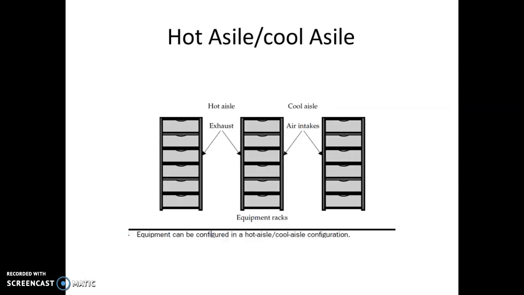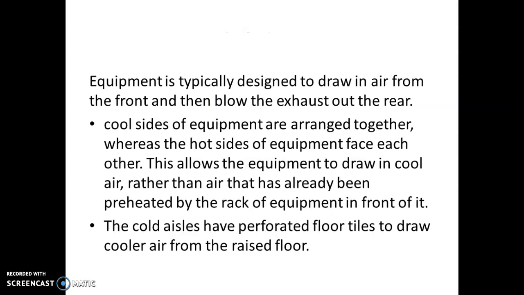The first method is the hot aisle versus cool aisle configuration. In this, the equipment is designed in such a way as to draw in air from one side and blow the exhaust from the other side. The cool sides of the equipment are arranged together, whereas the hot sides of the equipment face each other.